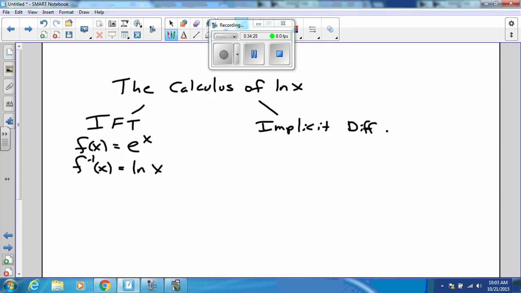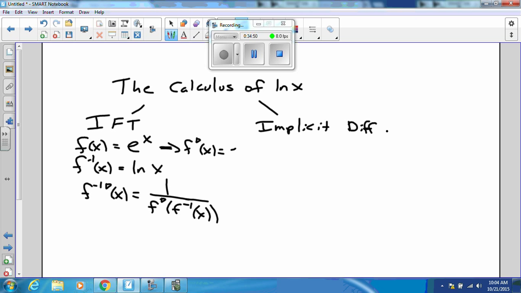differentiation. The setup for the derivative of ln x is that we're going to consider the natural log to be the inverse of some function, and the parent function is of course e to the x. And therefore, f inverse prime is equal to 1 over f prime of f inverse. And so we need to calculate f prime of x, which is e to the x.